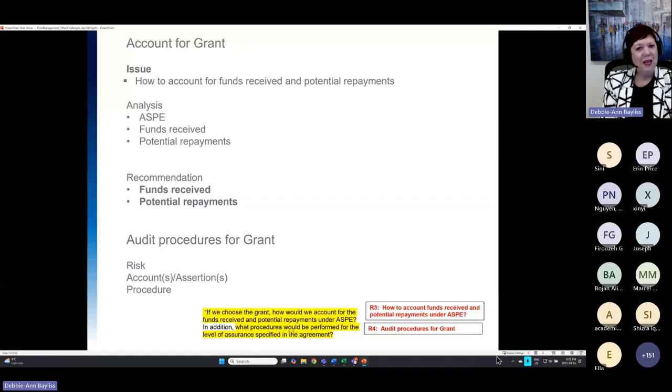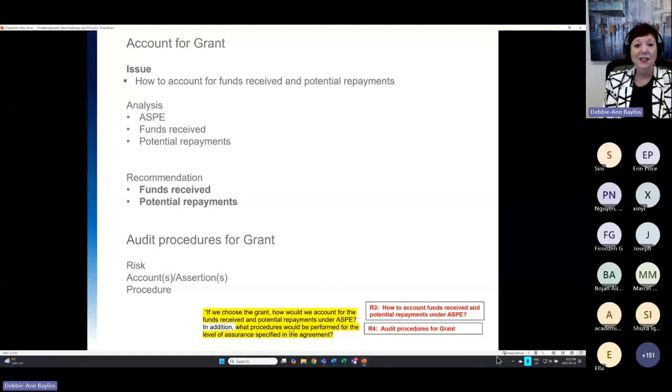And I'm thinking, normally when you do procedures, the appropriate format or discussion framework to use is RAP: risk, account or accounts, assertion or assertions, procedure. Let's put that format there so that I don't forget. Again, that is going to increase the chances of me achieving a competent response.